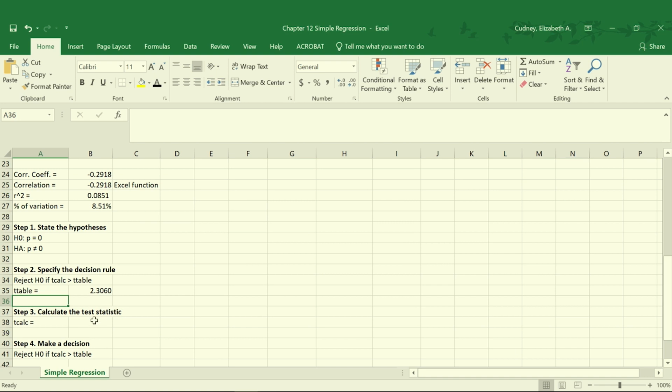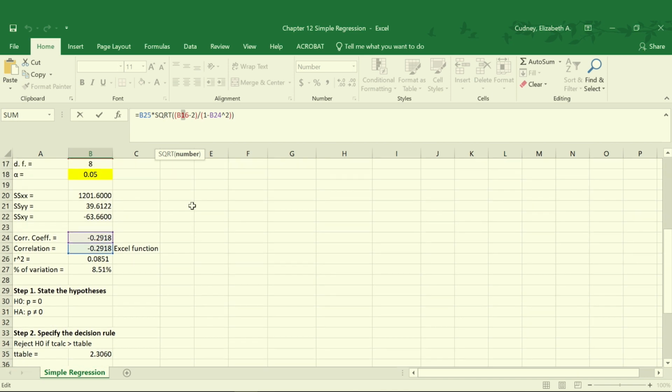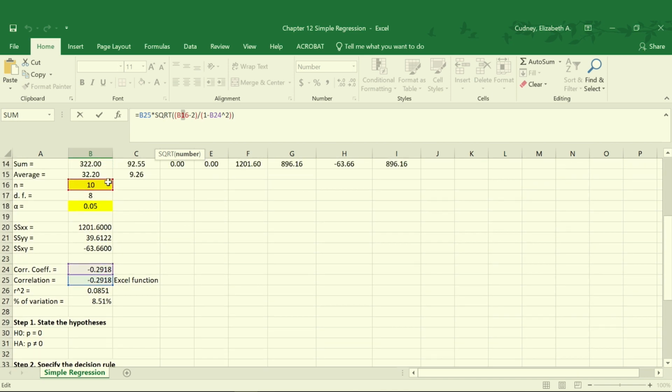In step 3, we would calculate the test statistic. So this is our value based off of our data using B25, which is our correlation, multiplied times the square root of B16, which was our sample size of 10, minus 2 to get our degrees of freedom, divided by 1 minus B24, which was our correlation coefficient squared.